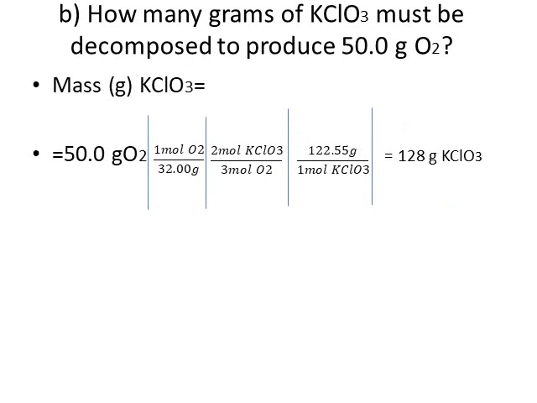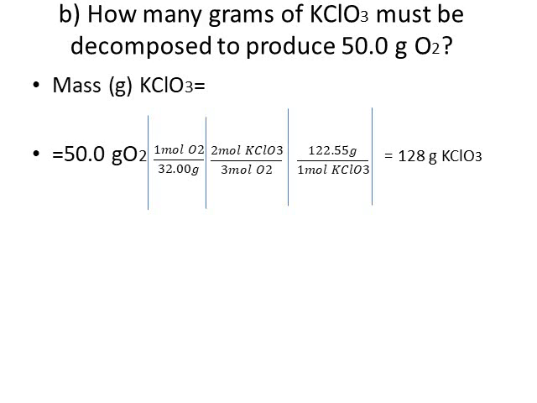The second point: how many grams of potassium perchlorate must be decomposed to produce 50 gram oxygen? Now, I know the grams of oxygen. What do I want? I want grams of decomposed potassium perchlorate.